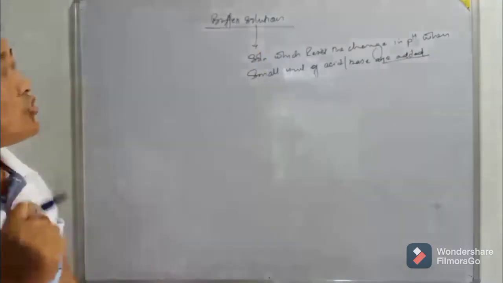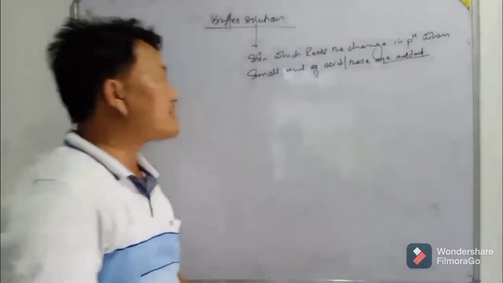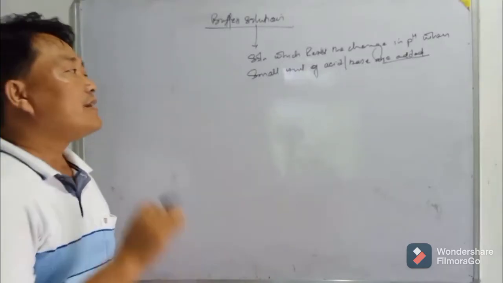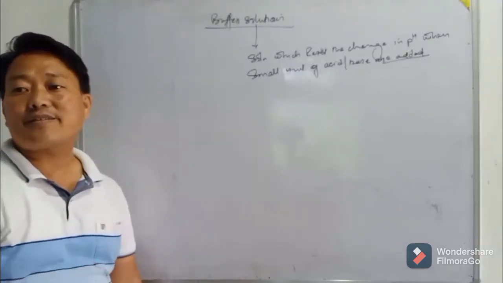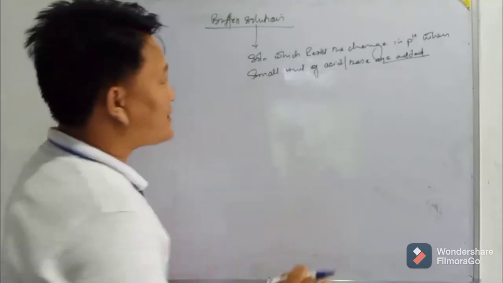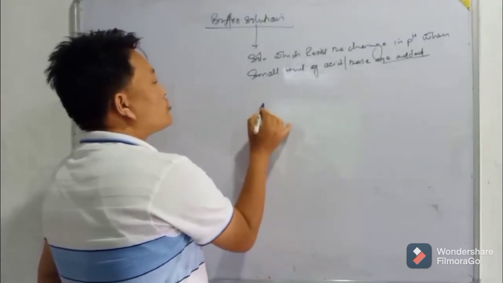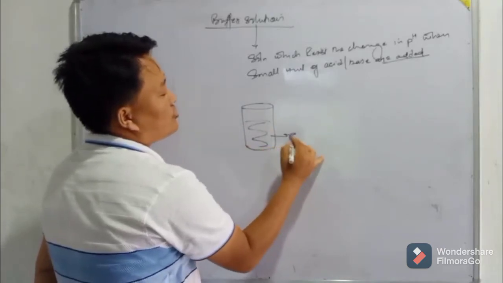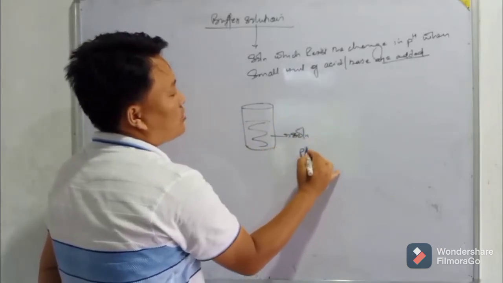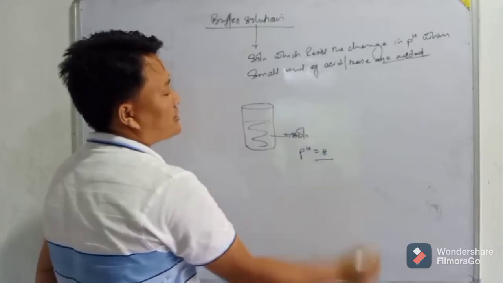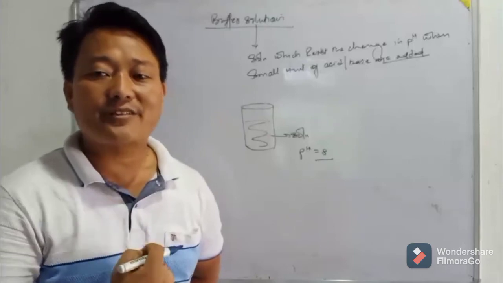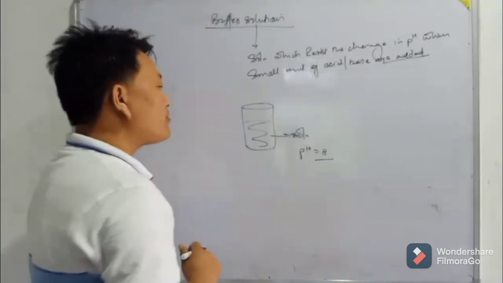Understood now? For example, we have taken one solution whose pH is equal to 8. pH is equal to 8 means what? It is basic or acidic? It is a basic compound.